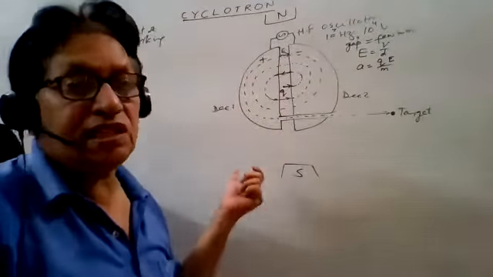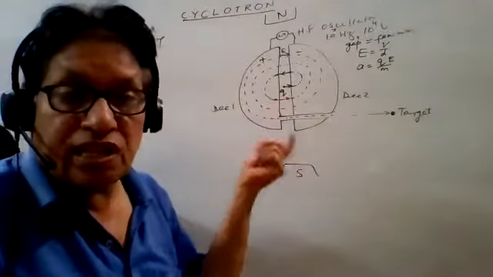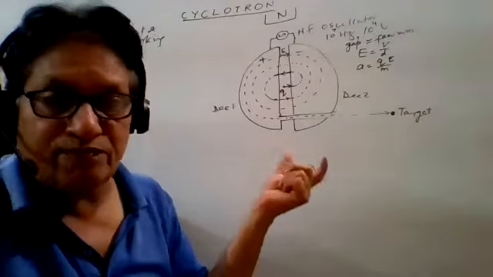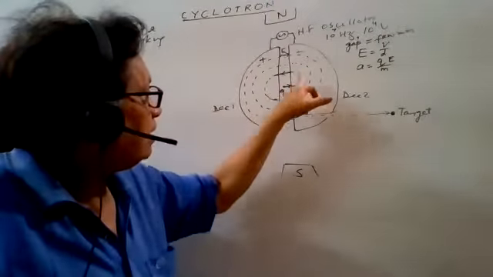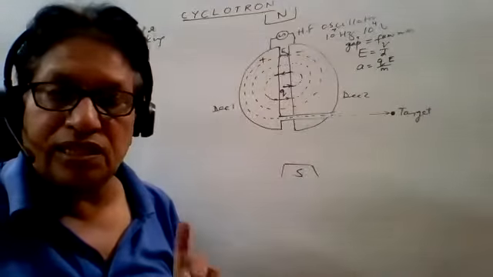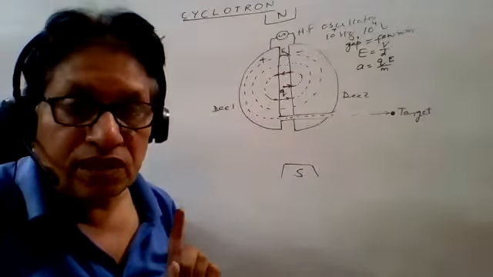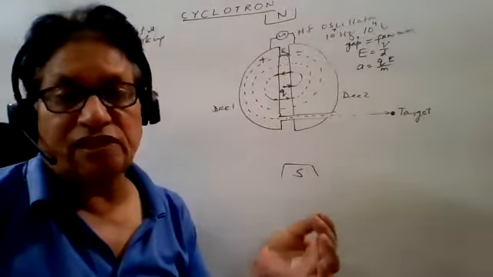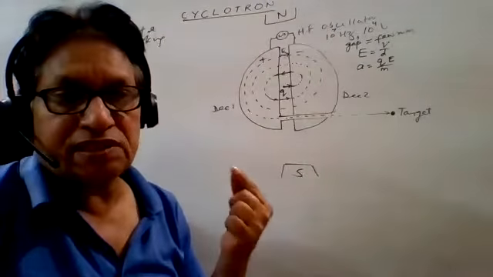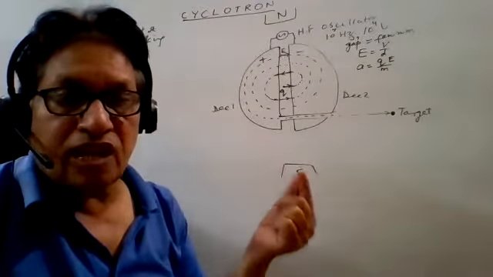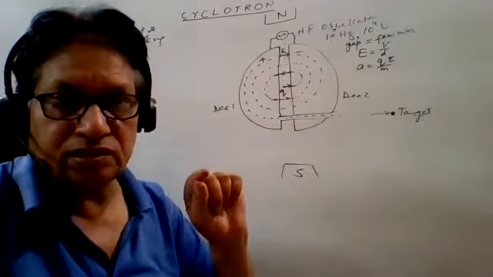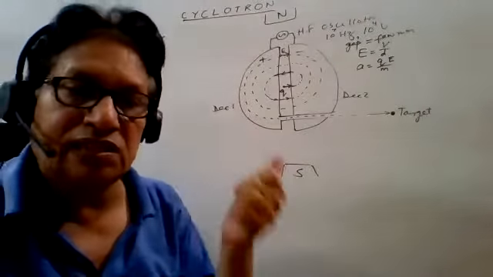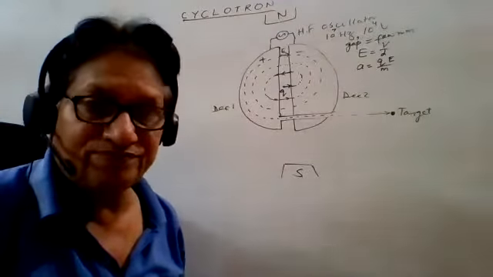We can see here easily that in one cycle there are 2 times, from left to right and right to left, that the kinetic energy increases with the help of the electrical field. So there are 2 distinct functions: the electrical field increases the kinetic energy, and the magnetic field circulates it to create the condition for the electrical field to increase the kinetic energy.